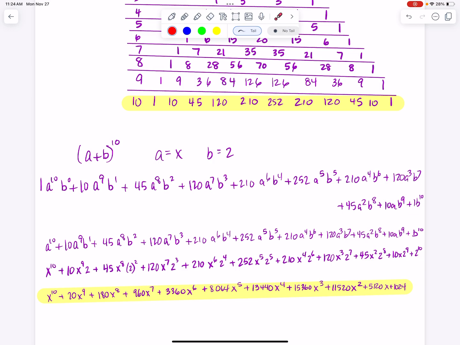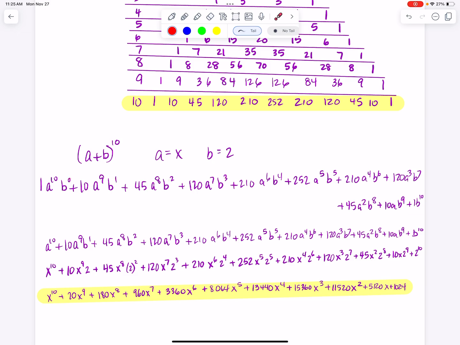And then what you're doing is you're doing a to the 10th. So whatever this term is, a to the 10th. And then b to the 0. And remember, no matter what b is, anything to the 0 power is just 1, so that's going to go away. But I want to account for it, because what I want you to see is that you're just decreasing the a term by 1, and your b term is 0, 1, 2.